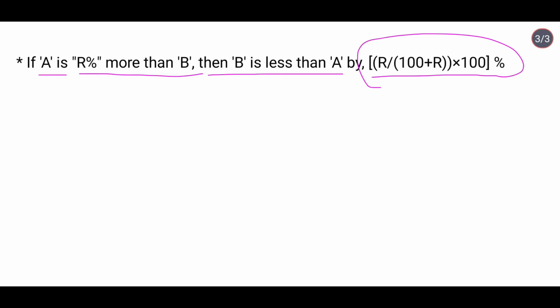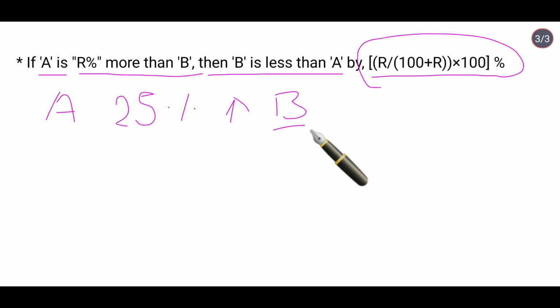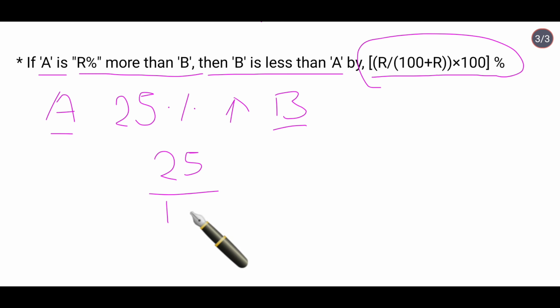Let's take an example. Suppose A is 25% more than B, then B is less than A by what percentage? Very simple. Just use this formula. Here R is 25%. A is 25% more than B. 25 divided by 100 plus R, 100 plus 25, 125, into 100.